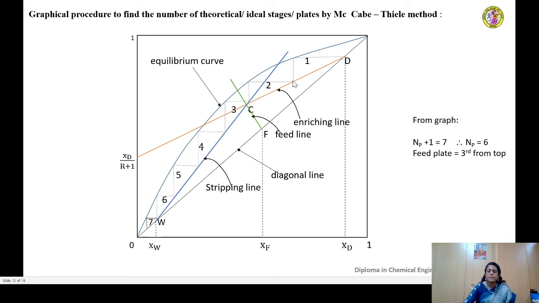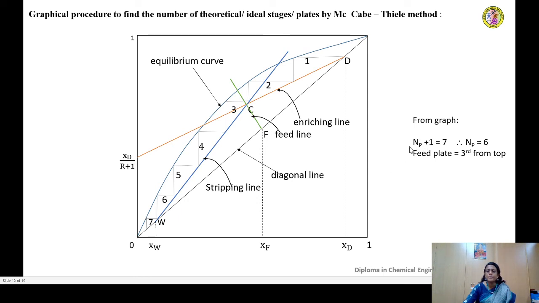Again, when the line touches the enriching line, from that point, make a horizontal line that meets a point on the equilibrium line. Again, draw a vertical line. Like this, continue horizontal and vertical line construction till you cross point W. That is called stepwise construction. Then count how many steps you have made. In this example, I made 1, 2, 3, 4, 5, 6, 7 steps. So that is your answer.